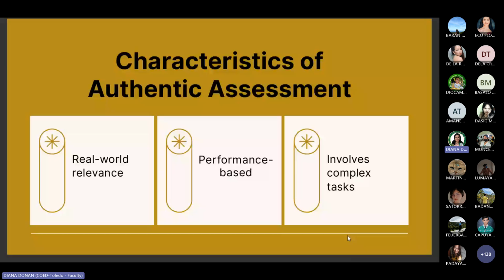Okay, so now let's explore the key characteristics of authentic assessment. So these features make it very different from traditional tests, and they help us teachers to ensure that our assessment truly supports learning. Okay, the first characteristic of authentic assessment is the real world relevance.